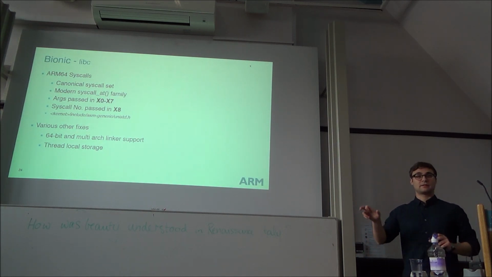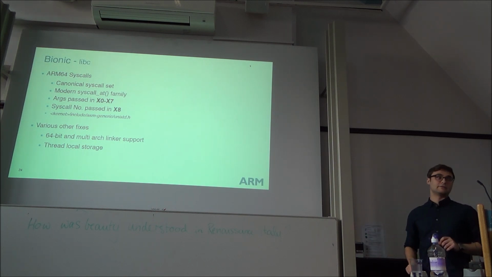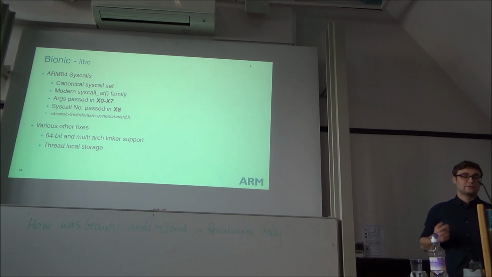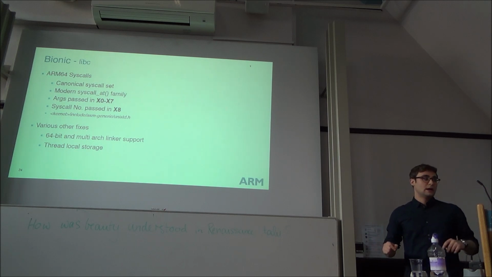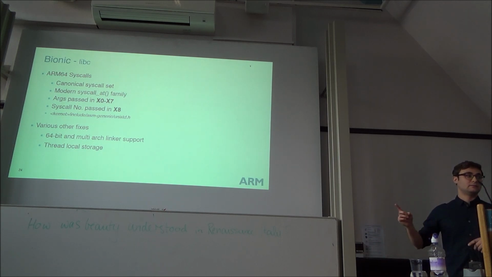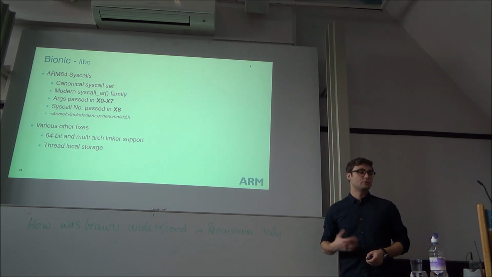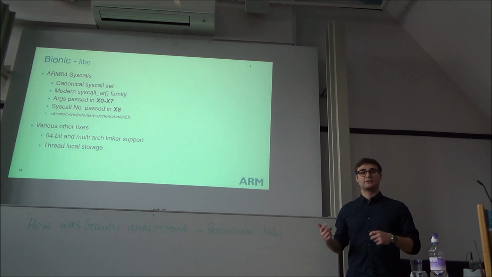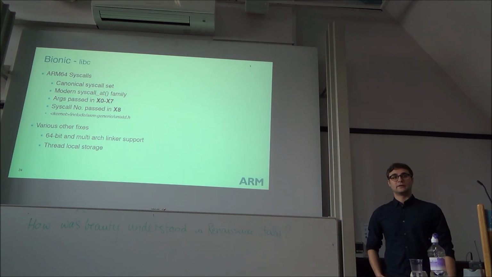If you have the one that does the absolute path, then you can also do the one that has the relative path. There's no need for it. So arguments get passed in x0 to x7, and that comes back to the previous slide where I showed you the register banks. And then the syscall number gets passed in x8. Besides these things, I also worked on multiple other fixes for 64-bit linking and some handling for the thread local storage.